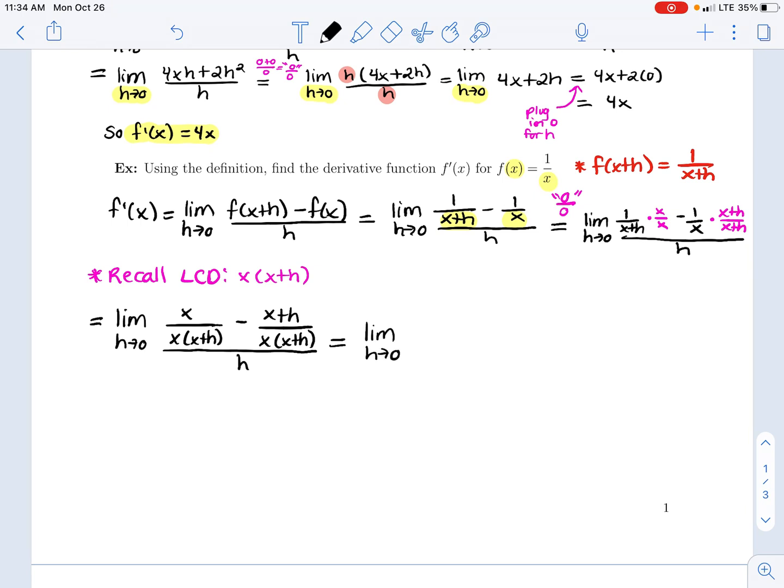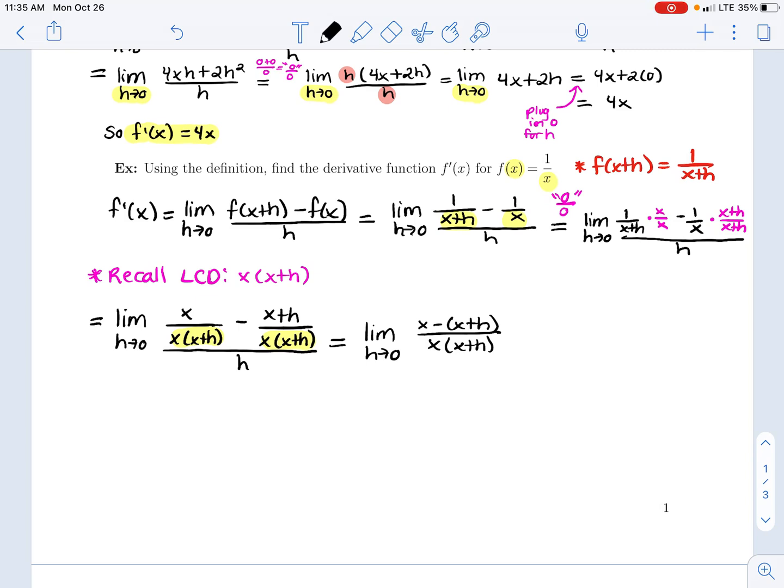Okay, so now I notice that I have a common denominator between these two fractions here in the numerator. So to combine these fractions, what I need to do is just subtract the numerators, and then my denominator stays the same. Okay, and so you might have noticed here that I put parentheses around the x plus h, because I want to subtract the entire quantity, all right?